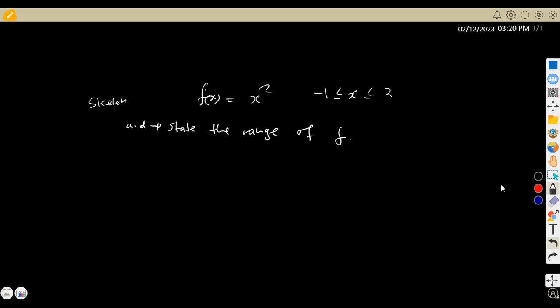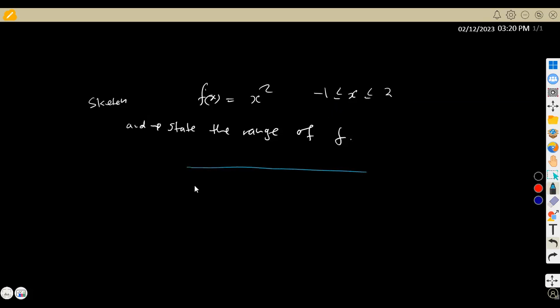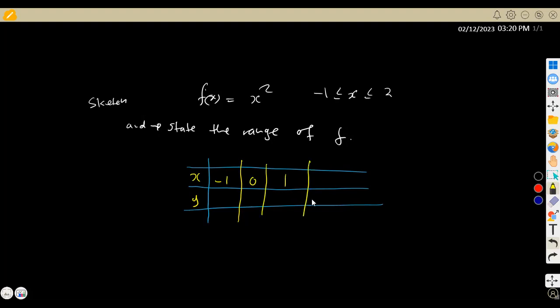So that means, I'm just going to show you a table here. We can just have a small table to represent the values of x versus the values of y. Let's say we've got x here, and this is y, where we've got -1, 0, 1, and 2.